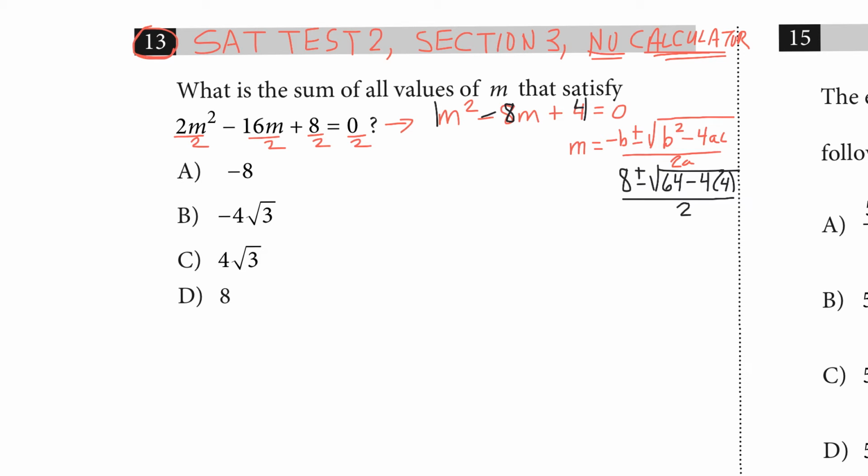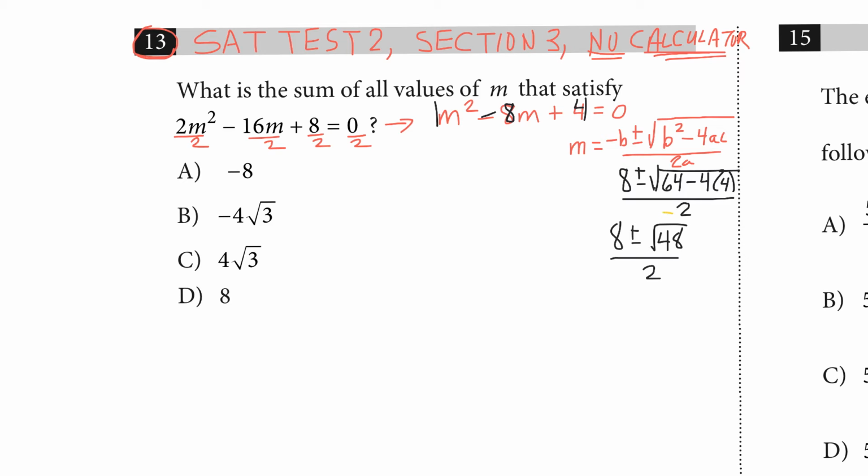So inside the square root here we have the discriminant: 64 minus 16, which is 48. So we have the square root of 48, and then we have 8 plus or minus the square root of 48, over 2. Now, the square root of 48 can be simplified.